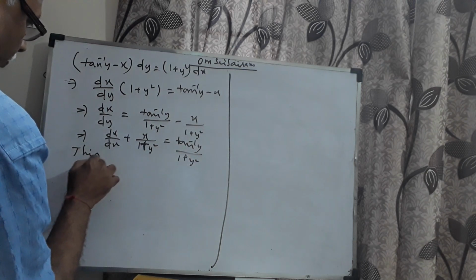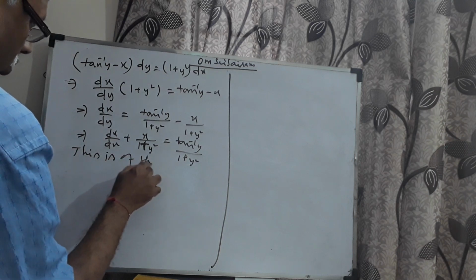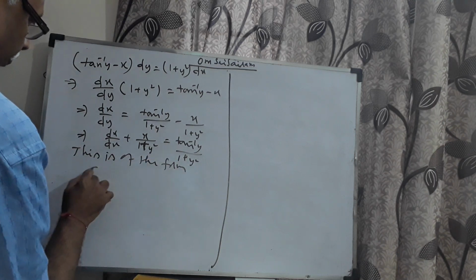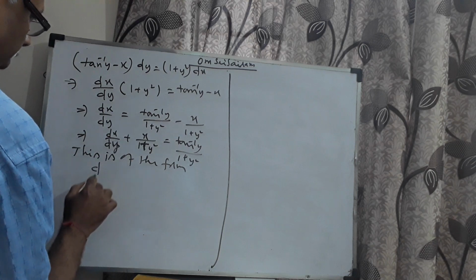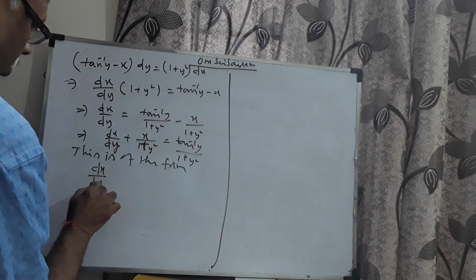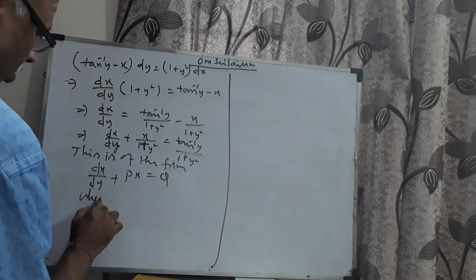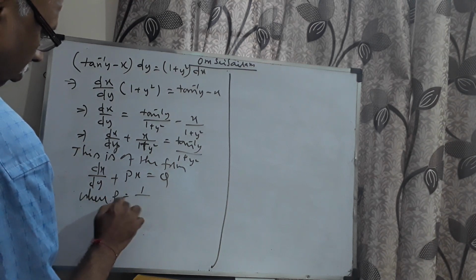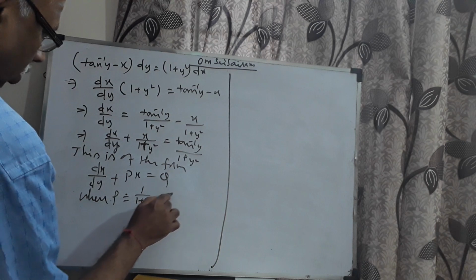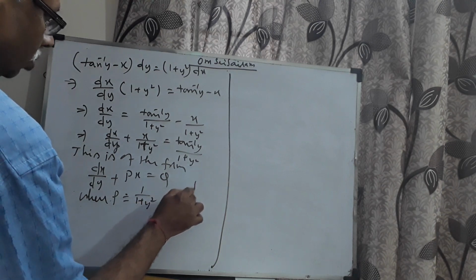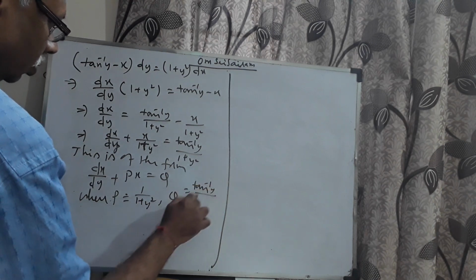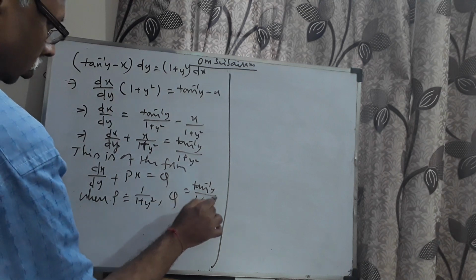Now this is of the form dx by dy plus px is equal to q, where my p is nothing but 1 by 1 plus y square, my q is nothing but tan inverse y by 1 plus y square.